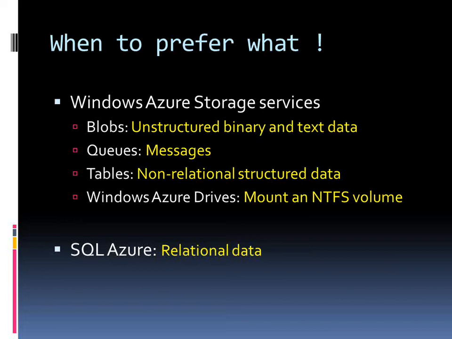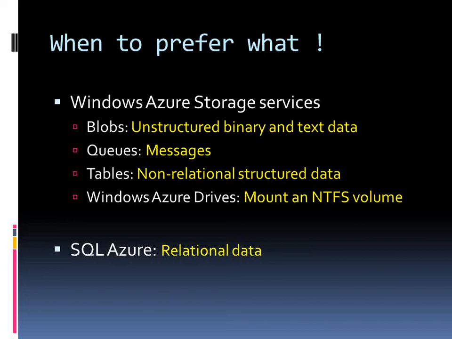Further comes the table service. These tables are not identical to the tables in a traditional RDBMS. The main difference is these tables are non-relational. So if you have some non-relational structured information to be stored, then Windows Azure tables is the best choice.